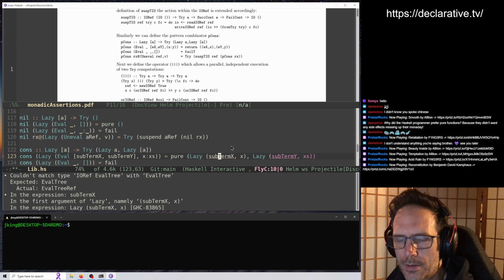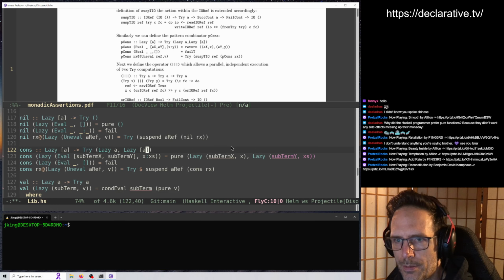Okay, yes. Okay, so it's an eval tree ref. The inference determined that it's got to be an eval tree.